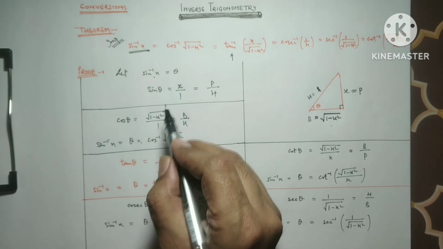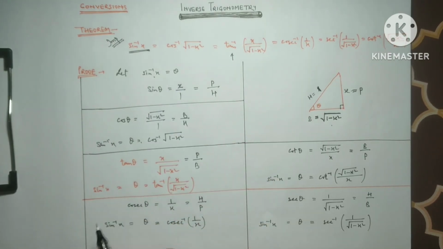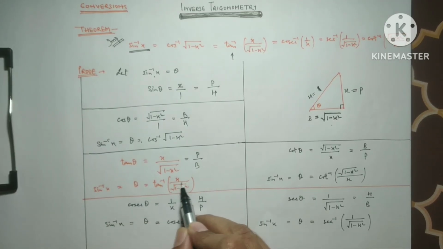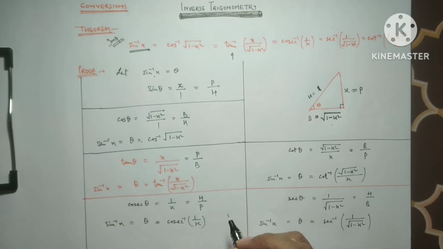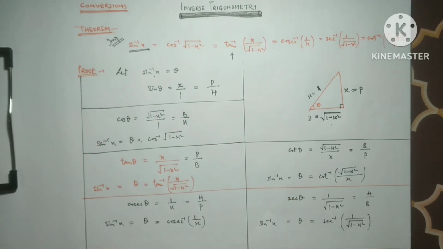And what is theta? Theta is sine inverse x. It means sine inverse x is equivalent to tan inverse of x over under root 1 minus x square. So this is the conversion by which sine inverse will be converted into tan inverse.